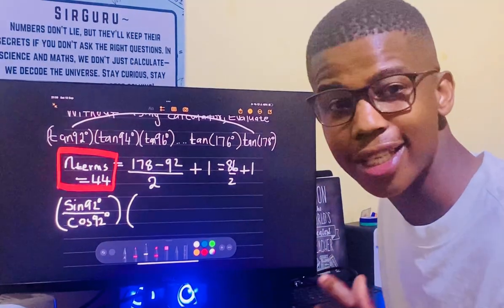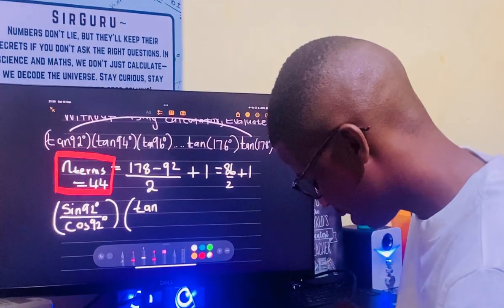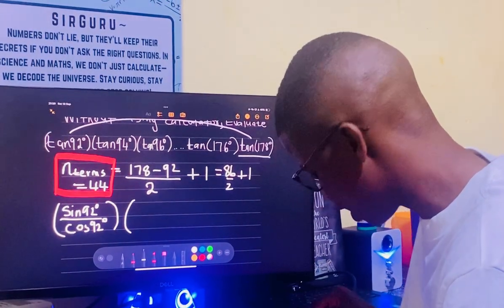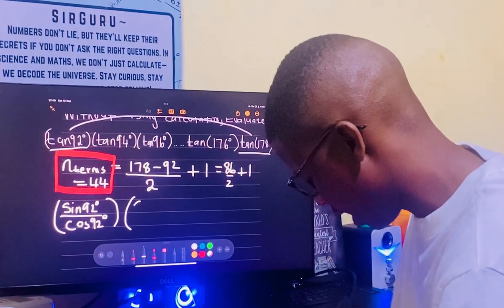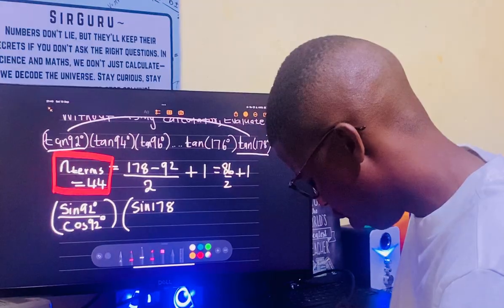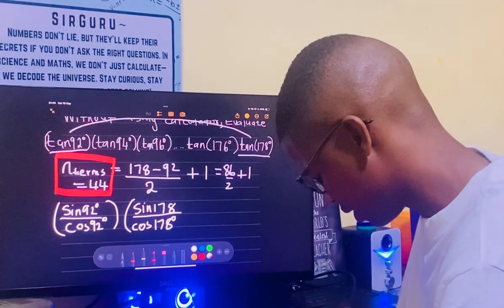Remember, we're taking it with experience. So we have tan 178 will change into sine 178 over cos 178, right?